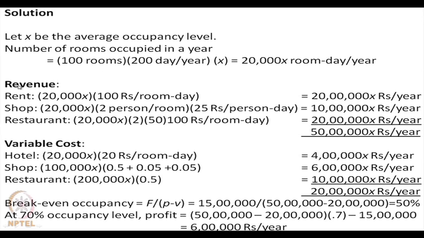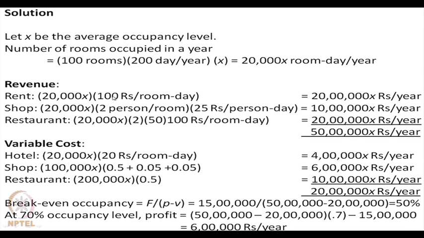Now, the revenue the hotel gets comes from three things. One is the rent, the other is the spending in the shops by the occupants of the rooms, and from the restaurant.